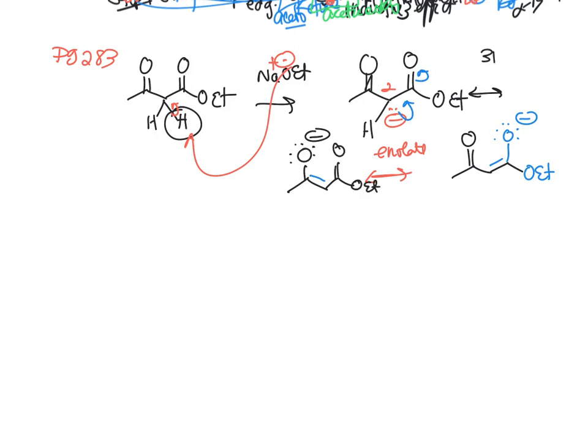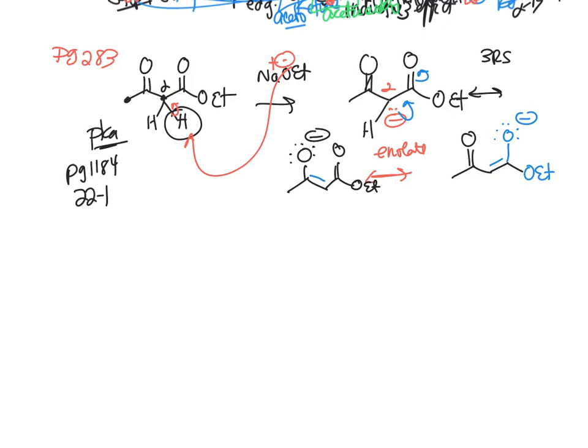Okay, so you have 3 resonance structures. Now, that's an alpha carbon. And then you have a carbon here, right? What is the pKa of this? So I'm going to look at your page 1184, table 22.1. It's in your slides.